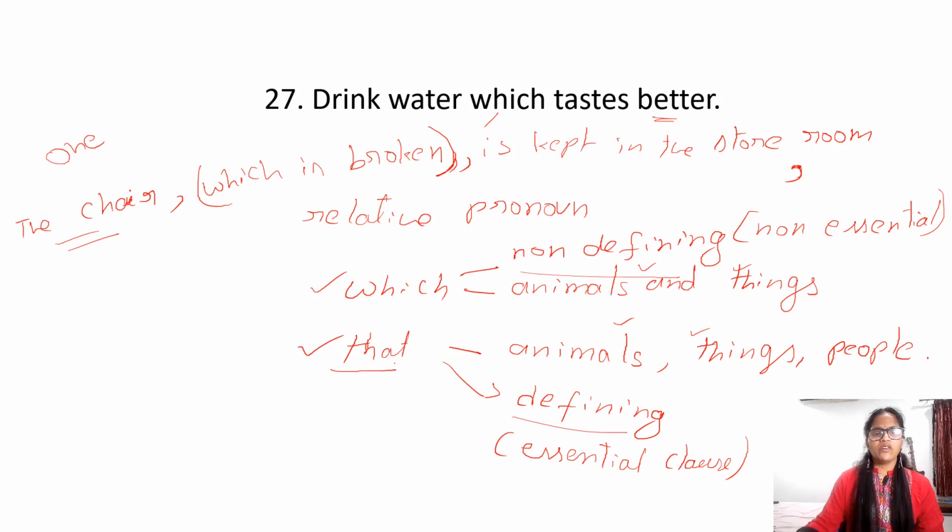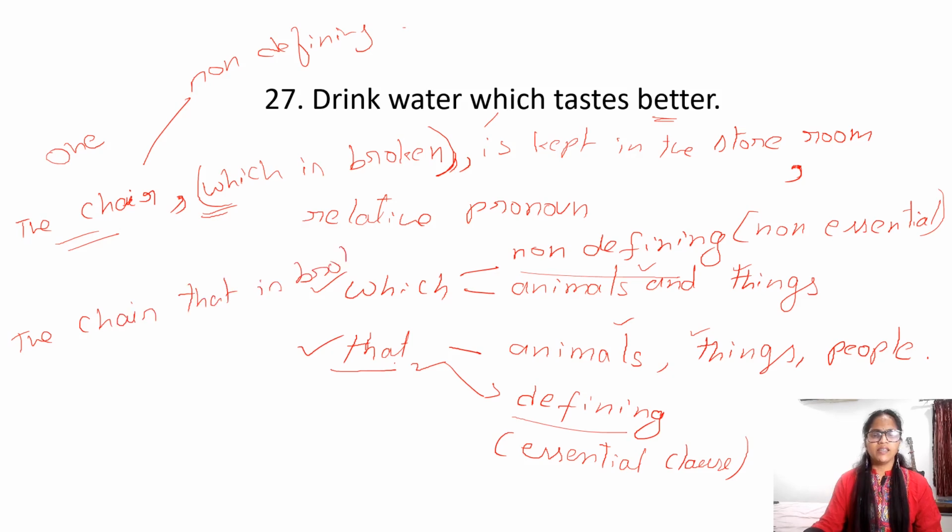So we call it a non-essential or non-defining clause. Now how to identify whether it is defining or non-defining? Use of comma. Comma is used in a non-defining clause. If there is no comma, it is a defining clause. In such a case we have to use that. So here, the chair that is broken is kept in the storeroom.